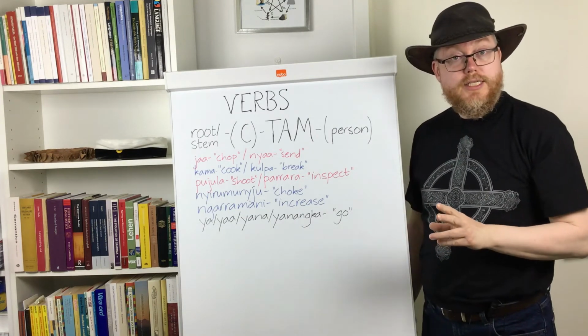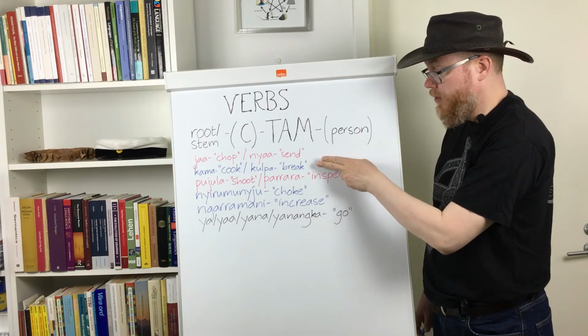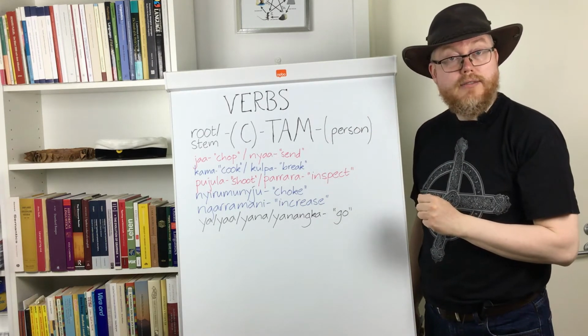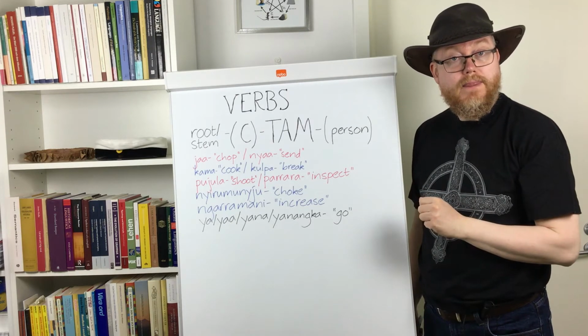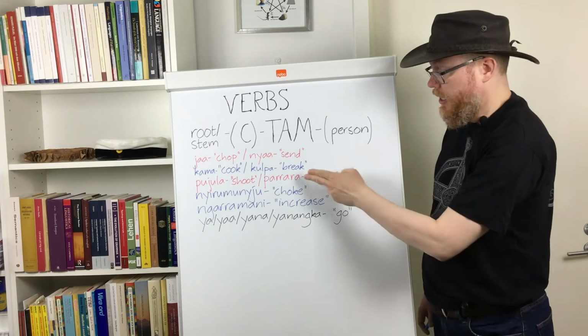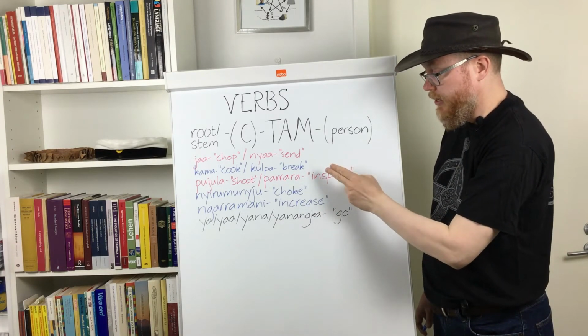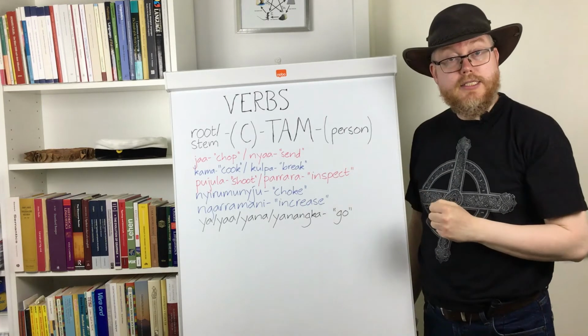So the disyllabic examples I've included are kama, cook, and kulba, break. The trisyllabic ones are pujula, shoot, and parara, inspect.